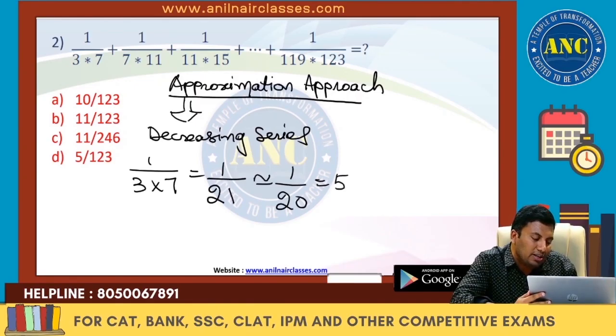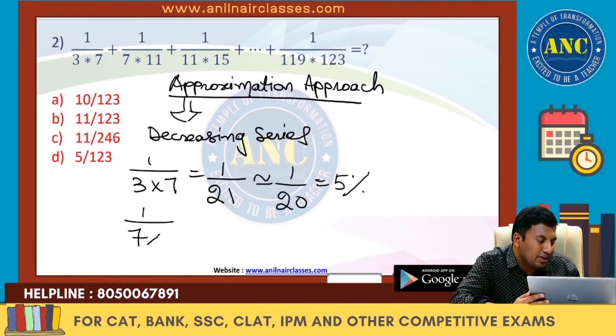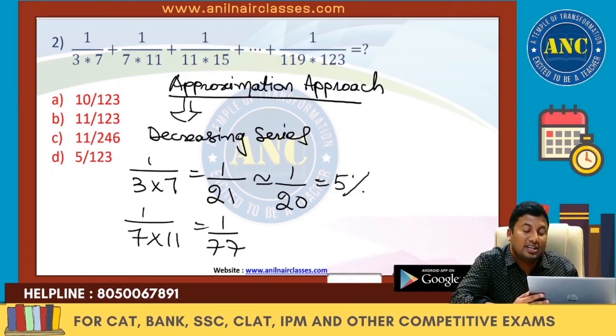1 by 20 is nothing but 5%. 1 by 7 into 11 is 1 by 77, which is just greater than 1%.